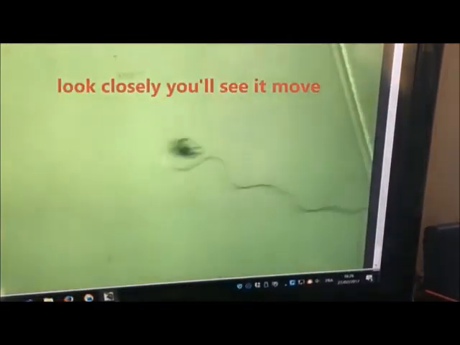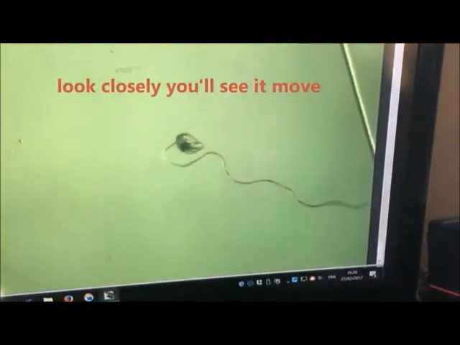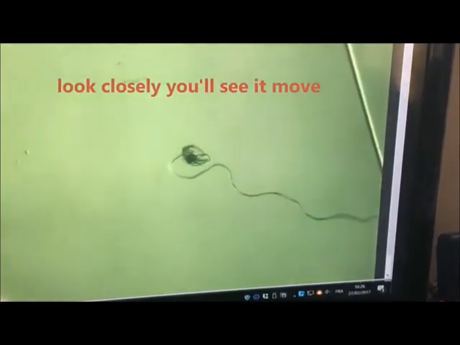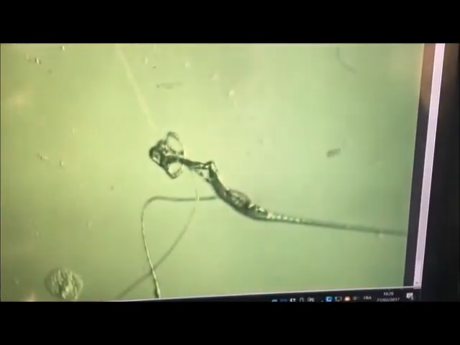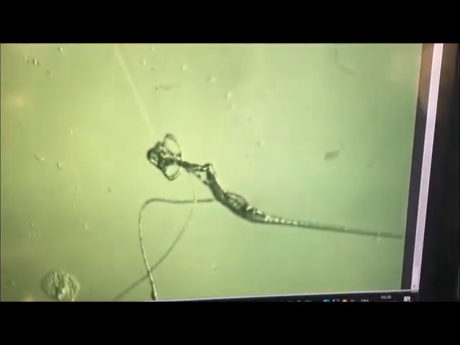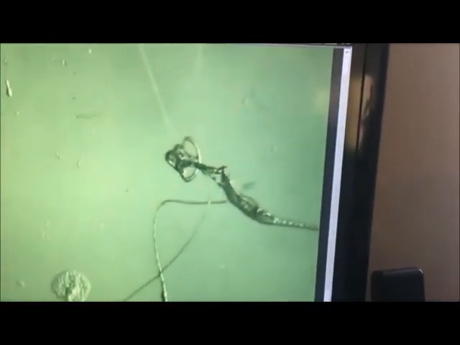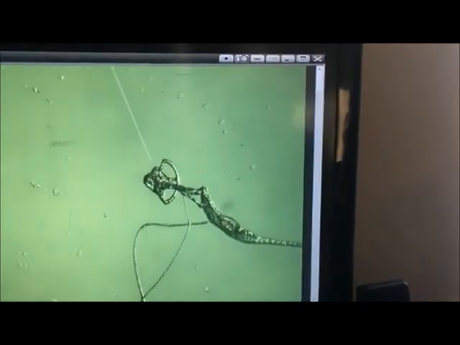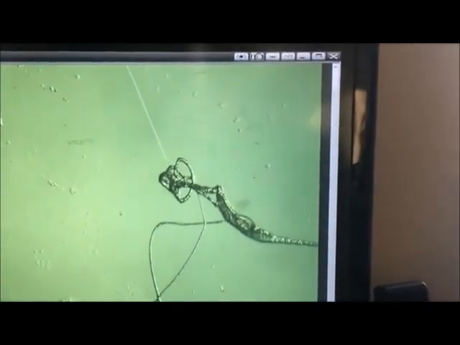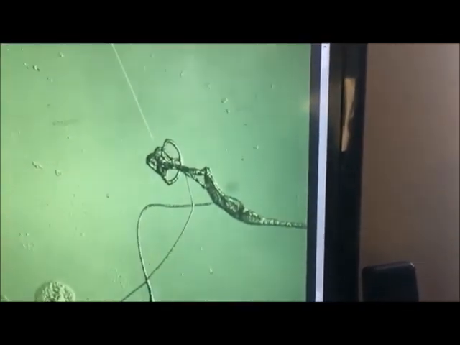That's 100 times. Oh, it's moving. And here is 40 times. Wow, that's so clear. How magnified is this right now? Only 40 times.